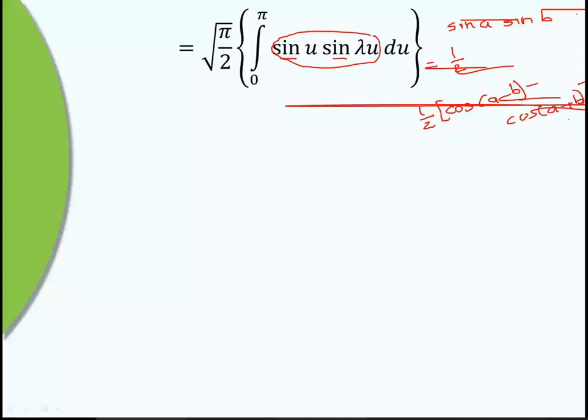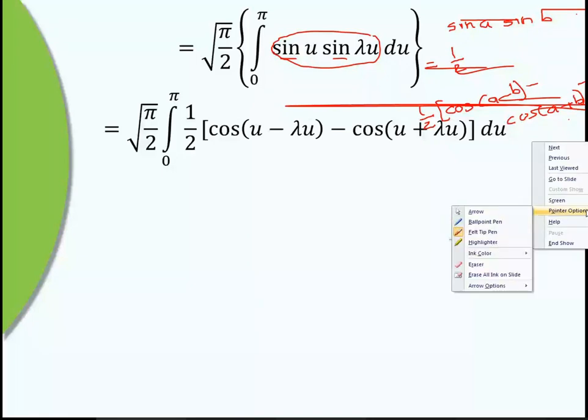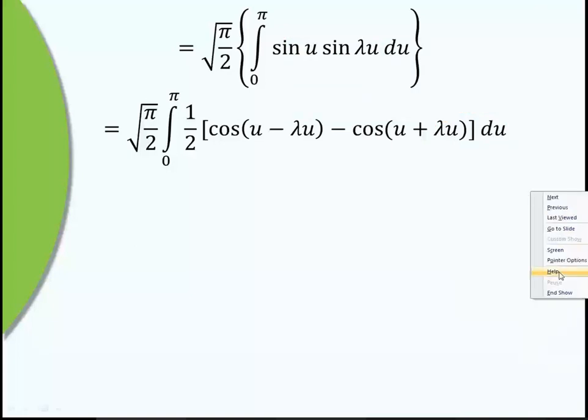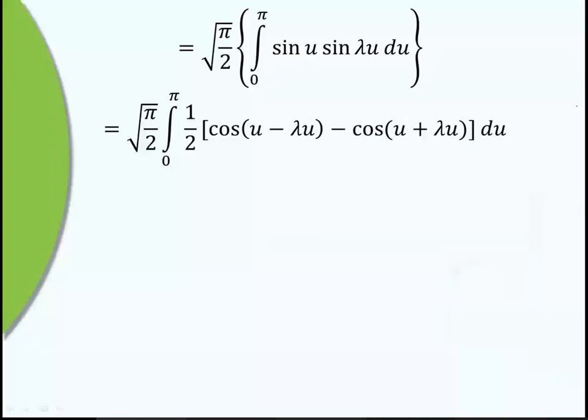So sin A sin B, using that standard formula, becomes half into cos of u minus lambda u minus cos of u plus lambda u.